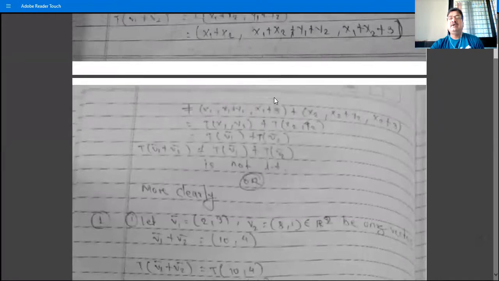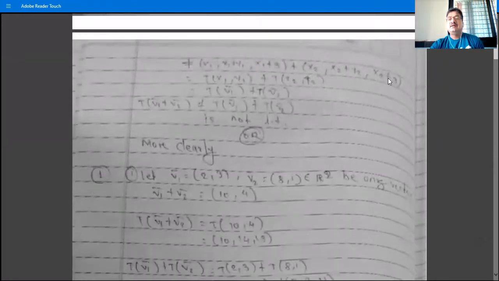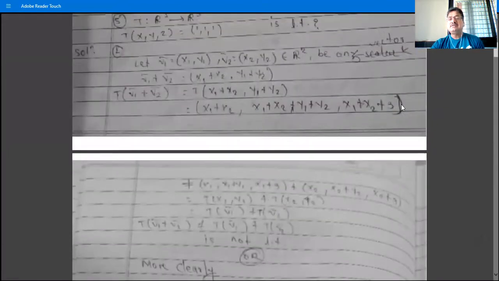We cannot write it like this, so this is not T of (x1, y1) plus T of (x2, y2). We denote this as equation number 1, and then find T of V1 plus T of V2 separately.